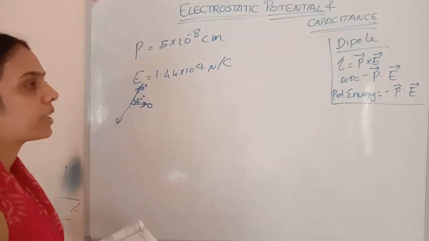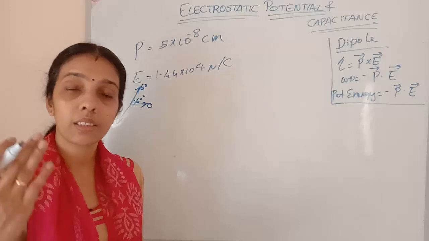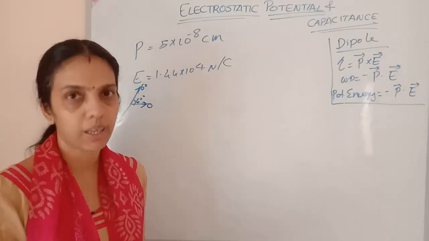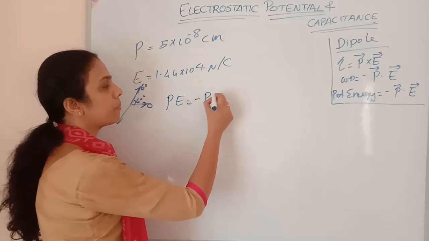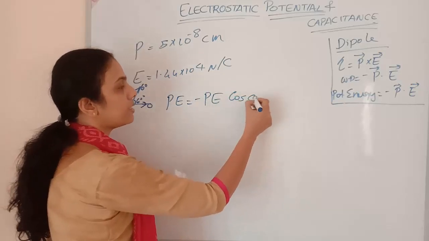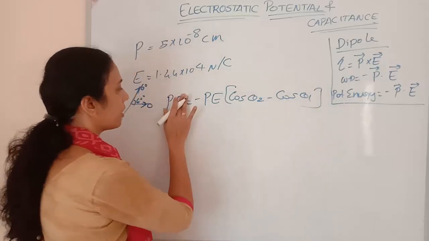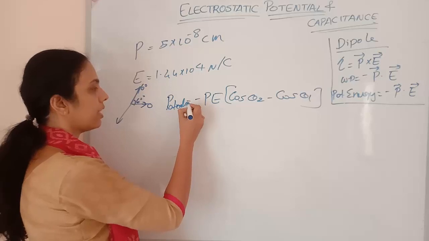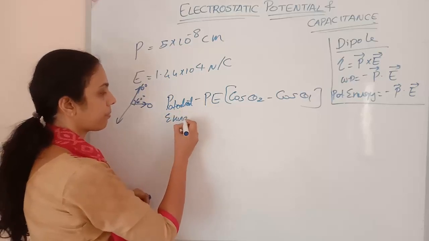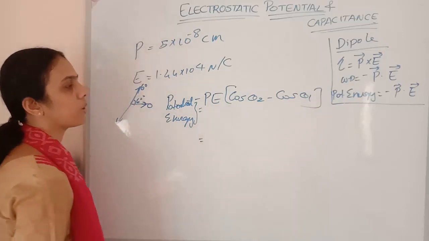That is minus PE, cos theta 2 minus cos theta 1. Potential energy equals minus PE times cos theta 2 minus cos theta 1.